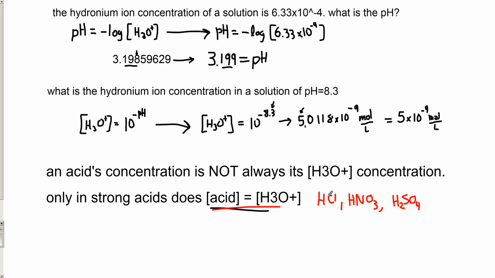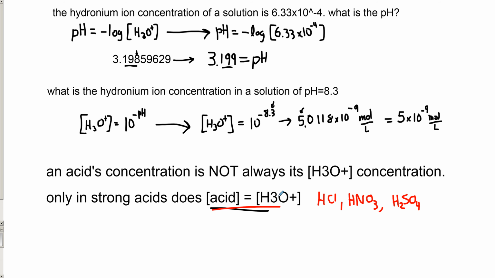If you take 1 mole of a weak acid, like acetic, that's the acid in vinegar, and you put it into a liter of water, yes, you have a 1 mole per liter acid solution, but the problem is not all of the H's in the acid fall off. That means that the H3O concentration is less.